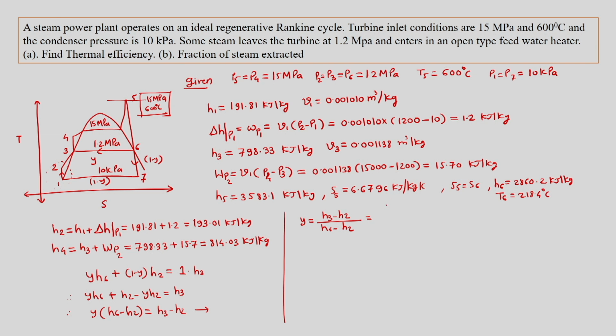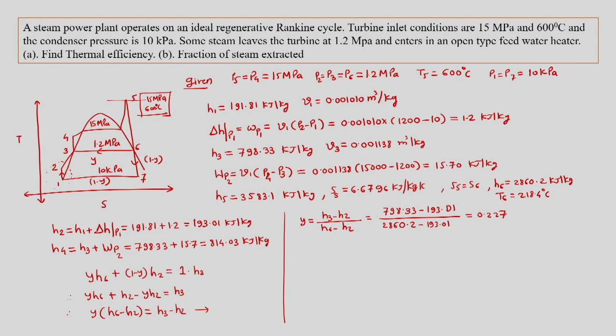So, H3 is 798.33, H2 is 193.01, and H6 is 2860.2. Y is then 798.33 minus 193.01 divided by 2860.2 minus 193.01, and this gives us Y as 0.227.